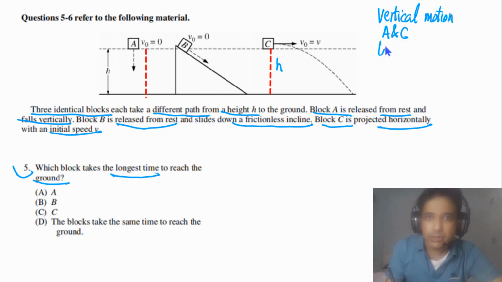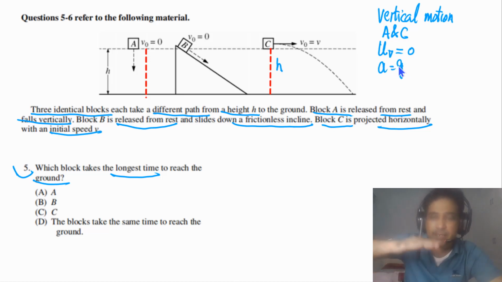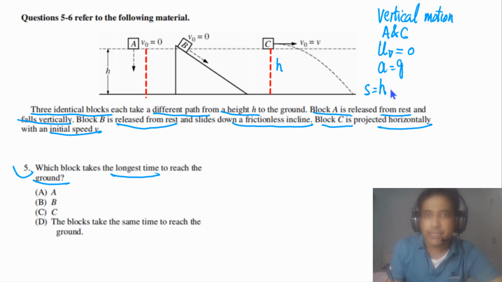So we can say the initial vertical velocity for these two blocks is equal to 0, and the vertical acceleration is equal to g, because the only force acting along the vertical is the force of gravity. The vertical displacement is h. So we can find out the time taken from this point to the ground, and this time we need to calculate.